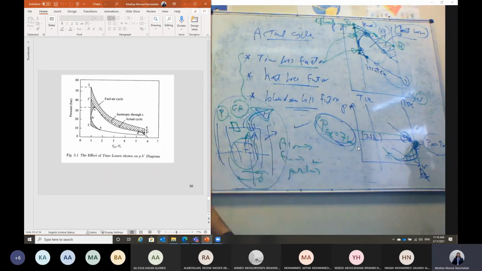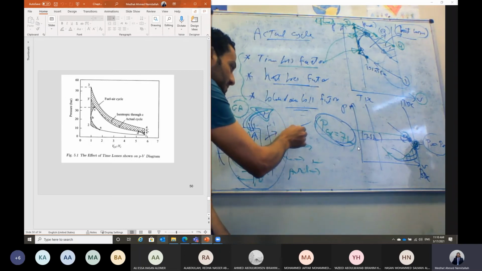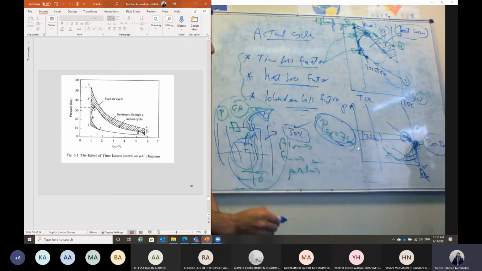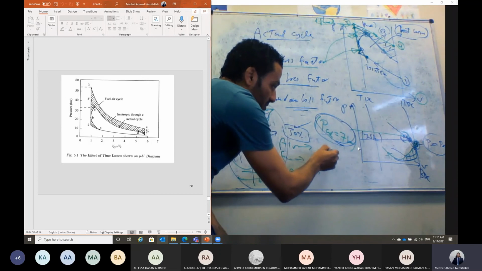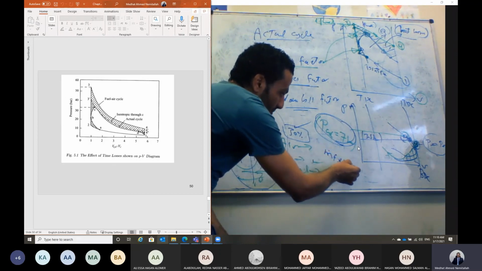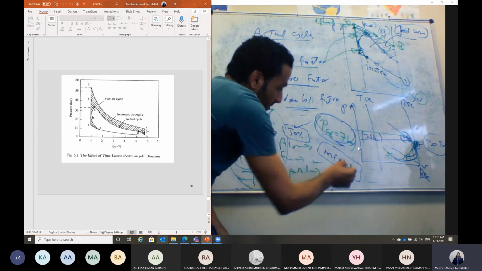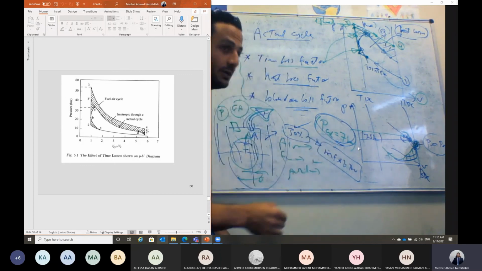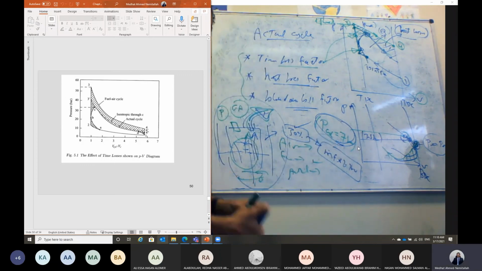Heat transfer losses are about 30%. Friction losses are about 30%. And there are some other losses, about 10%, like lubricating oil and sudden losses due to combustion and so on. And then you can get about 30% as power output. So only 30% of the fuel energy, which is m dot fuel multiplied by the lower heating value, can we get out of it. So this is the case of the actual engine.